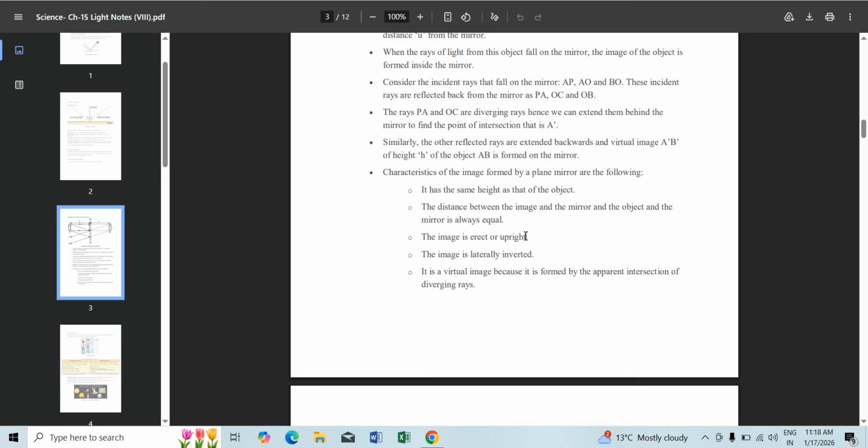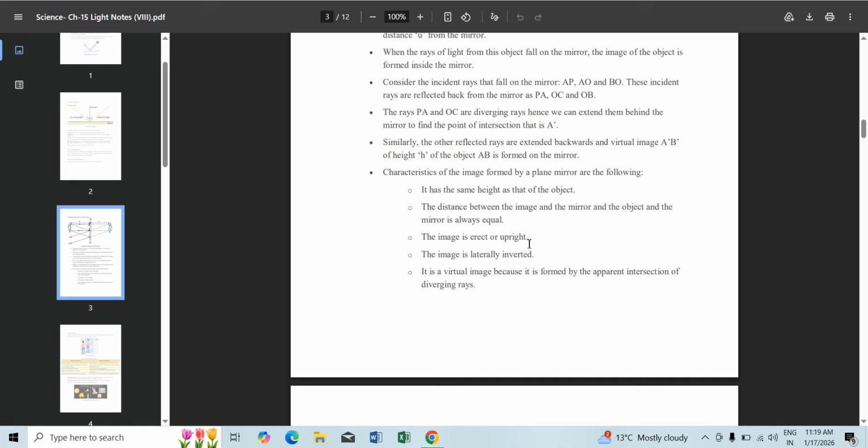The image is erect or upright. The image is laterally inverted. It is a virtual image because it is formed by apparent intersection of diverging rays. Upright means it is correct, and your legs would not be above your head.